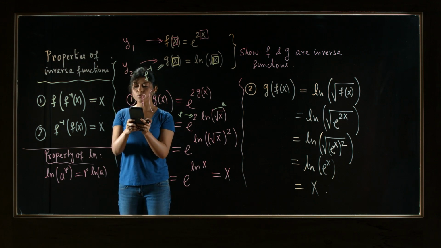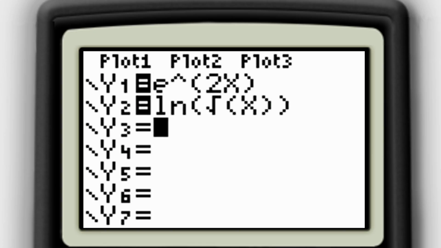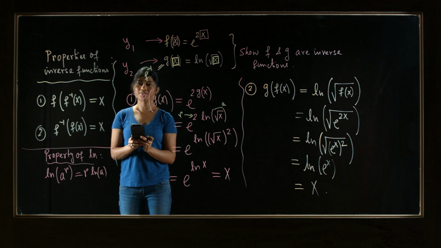To see it better, let's also graph the line. Let's go back and say y3 is x, and graph it again. You can see very clearly that the two functions are mirror images where the mirror is y equals x. That verifies that f and g are inverse to each other.